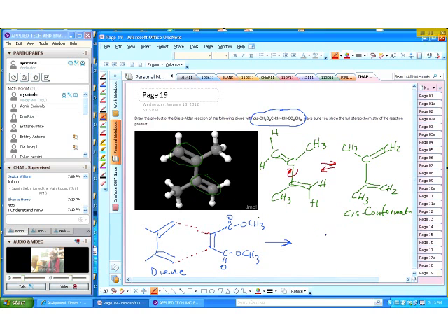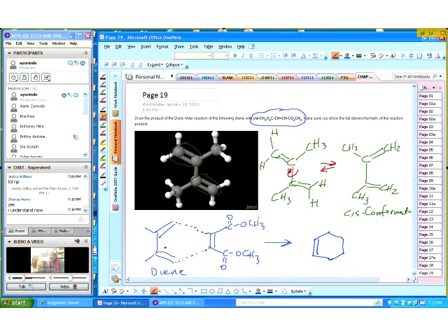So what is the product here? We have a 6-member ring. Now I have a double bond here.